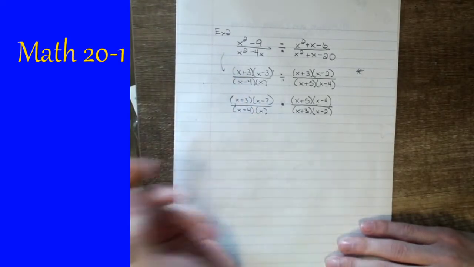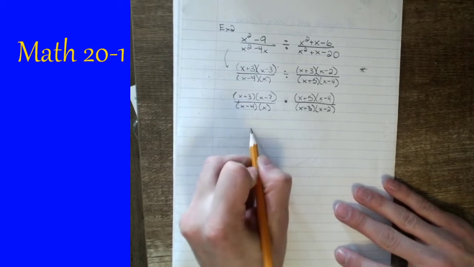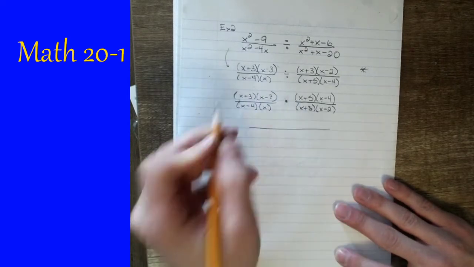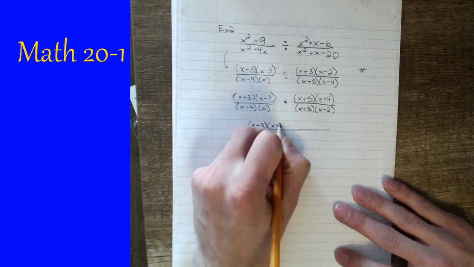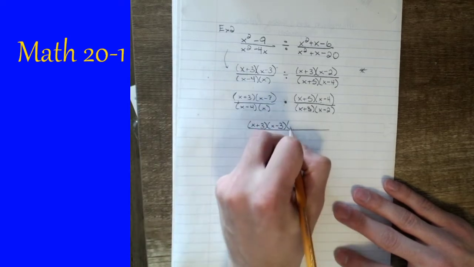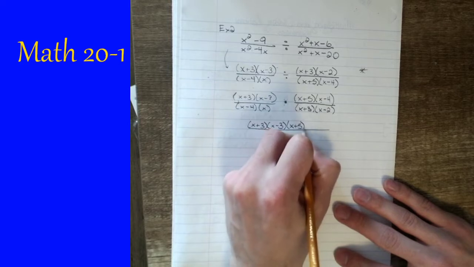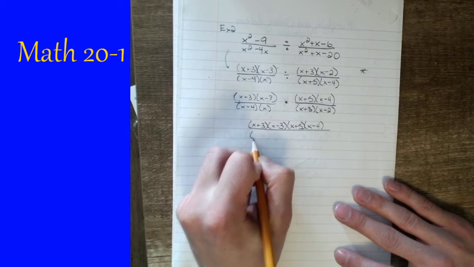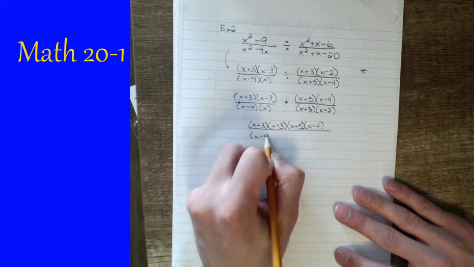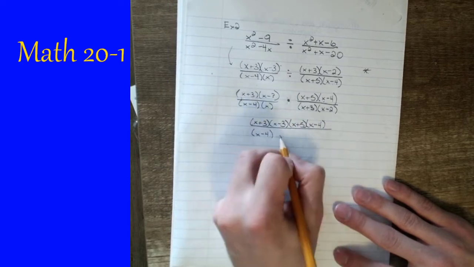So now we have a multiplication statement, and we combine everything: x plus 3, x minus 3, x plus 5, x minus 4, x minus 4 on the bottom, so I'm starting to see that that's going to cancel.